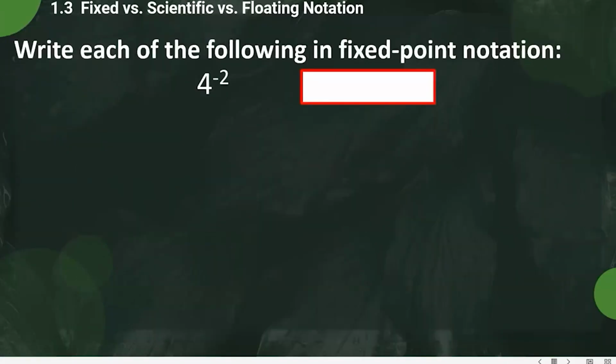We're going to look at several examples where we're going to go backwards now. We're going to go back from various formats back to fixed point notation. So let's take a look at 4 to the negative 2, and I want to go to fixed point notation. So you have some different options on how to do this.